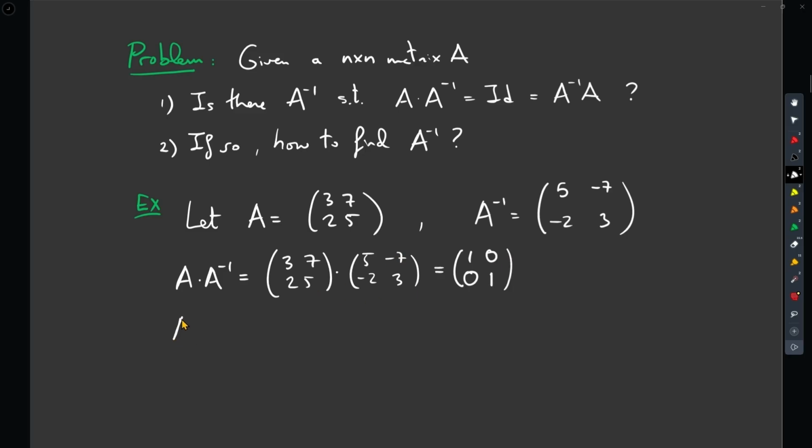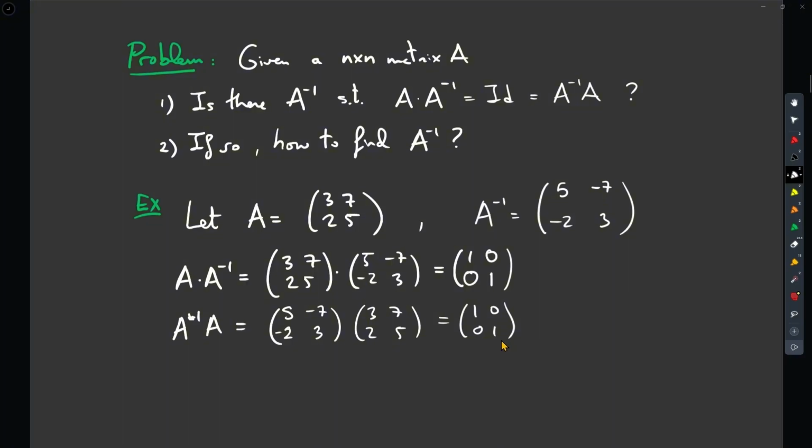I do get the identity, and you can check yourselves that if you multiply in the other order, 5, minus 7, minus 2, 3 times 3, 7, 2, 5, I get the identity once again.